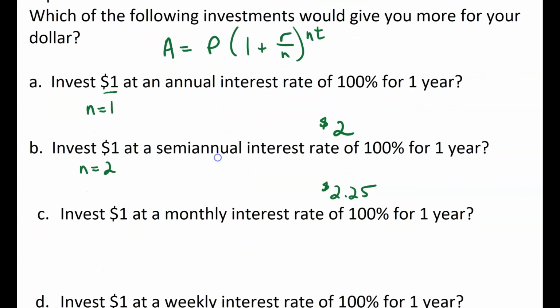Okay. We can do the same thing except monthly now. What does that make n? 12. That makes n 12. All right, I'll let you guys calculate that.